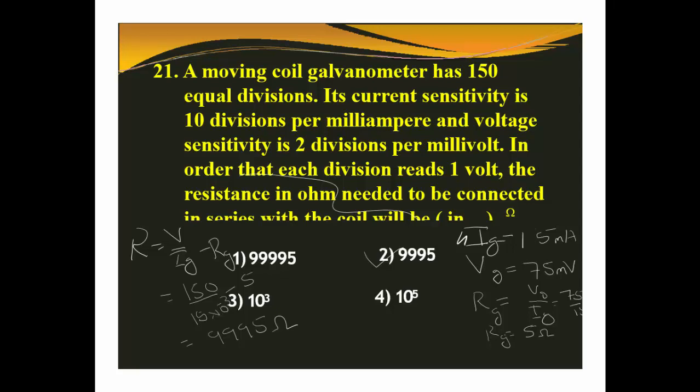And using this Rg, I have calculated the R value connected in series. It is a high resistance connected in series. How did I calculate V? It is not clearly given in the question. It is given that in order that each division reads 1 volt, means 150 divisions read 150 volt. Okay, so the correct option is the second one.